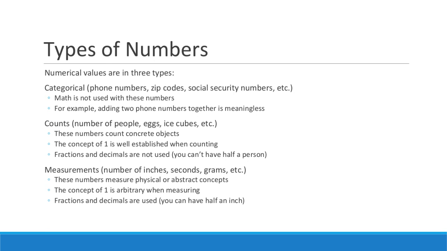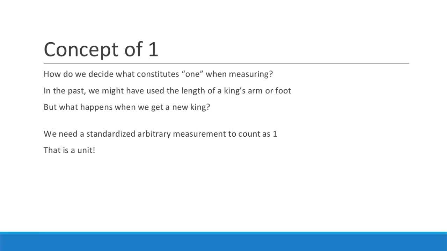So if we continue on talking about this concept of 1, in the past, we had kind of an issue figuring out what 1 would mean. For a period of time, measures were often related to people, like a king, his arm or a foot, including the measure between elbow and wrist was often used as like a building measurement.